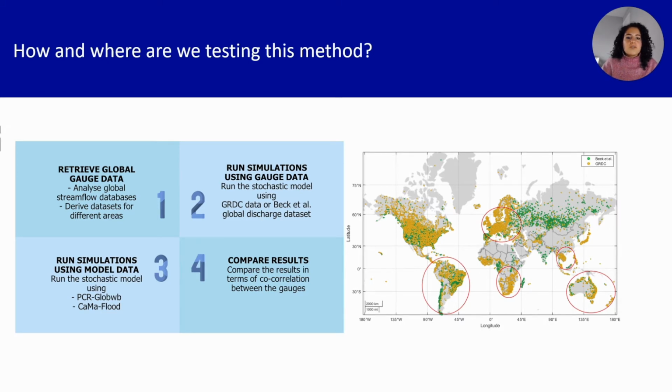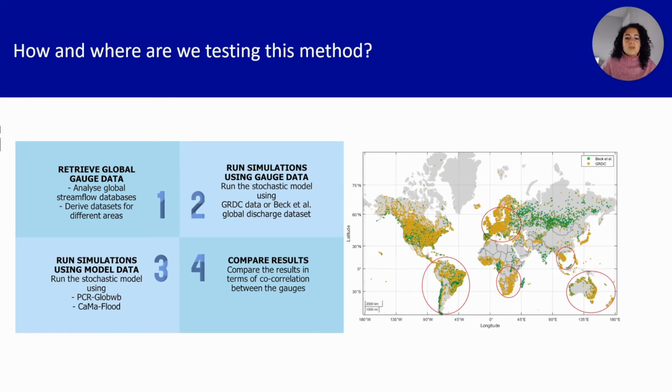First, the data for each region is extracted and processed, which means that any site that is not suitable is removed, or any infilling that is needed is done. And then we run the stochastic simulations using the historical data for each region.